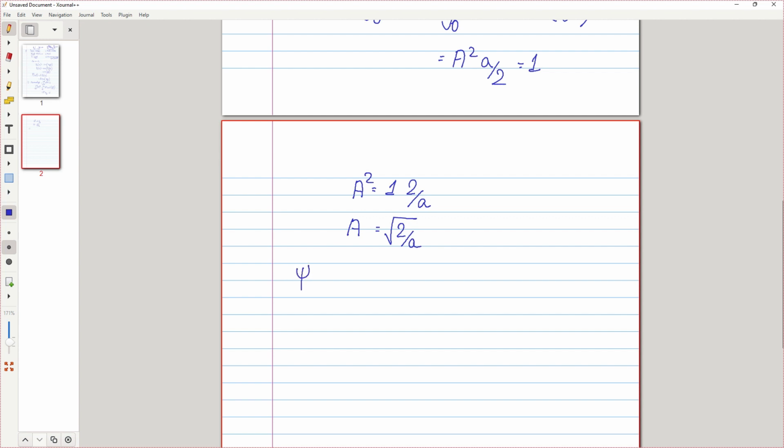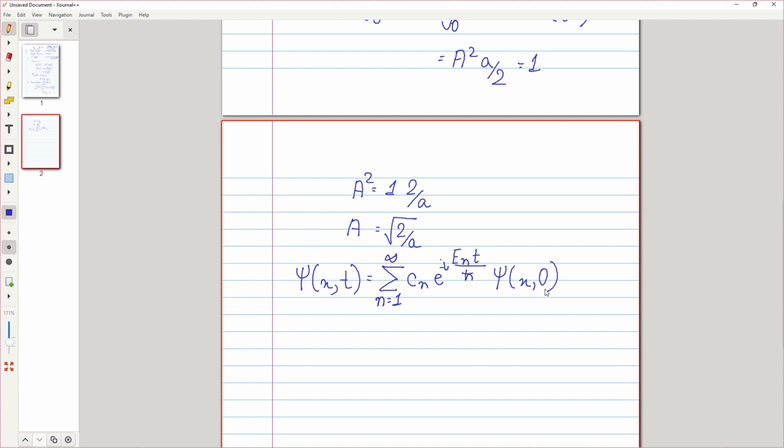So psi, a function of x and t, is given as the summation over n is equal to 1 of Cn e to the power of minus i En t by h cut, times the wave function that is given to us.